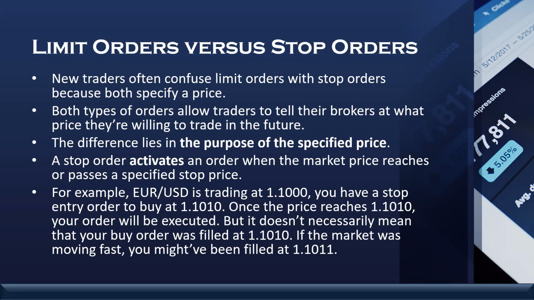But the difference is the purpose of the specified price. A stop order activates when the market reaches or passes a specified stop price. Okay, that is what the stop order is.